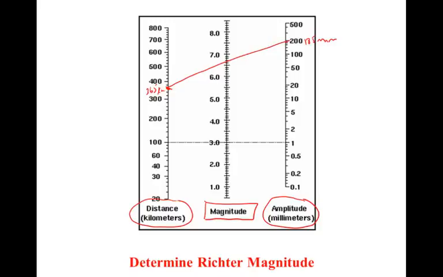Draw a straight line between those 2 points. See where they cross the third axis, the middle axis, which is the Richter scale. We find a magnitude for that earthquake of 6.4. 6.3 to 6.4, something like that.